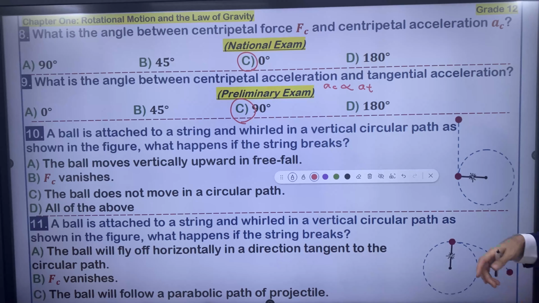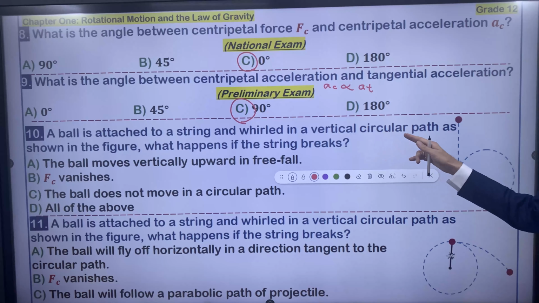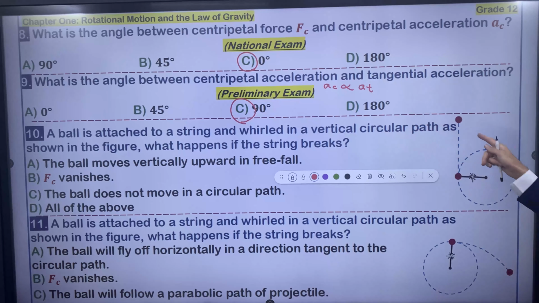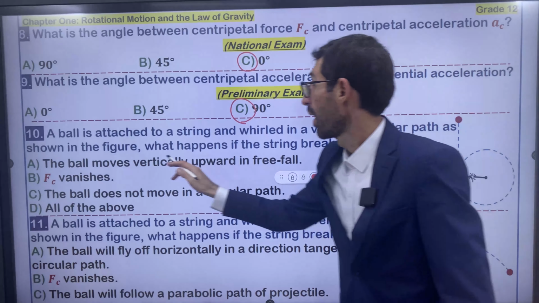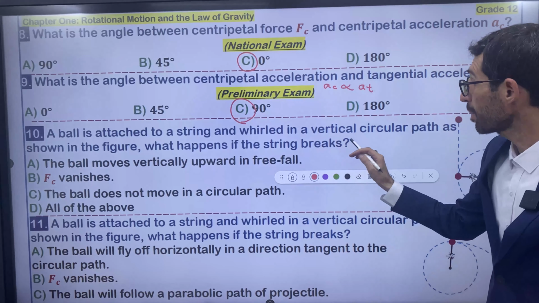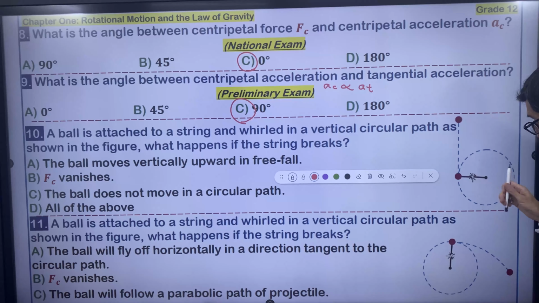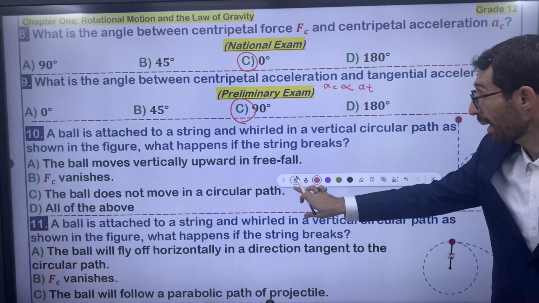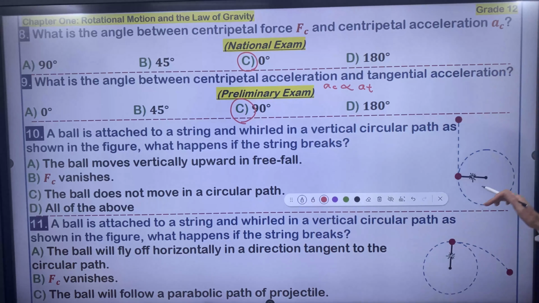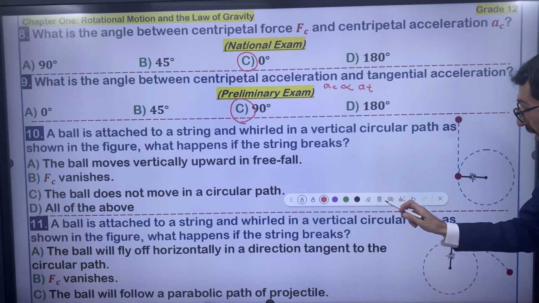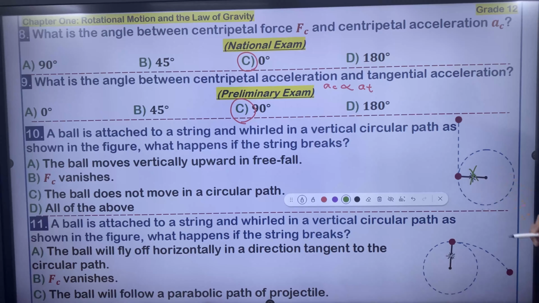What happens if the string breaks, especially at this position? When the ball reaches here and the string breaks, what happens to the motion of the ball?